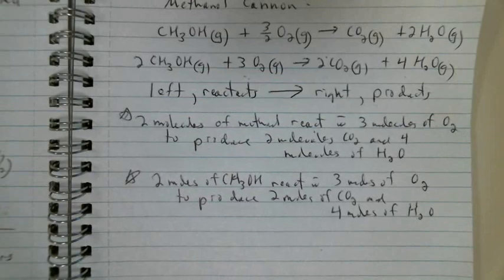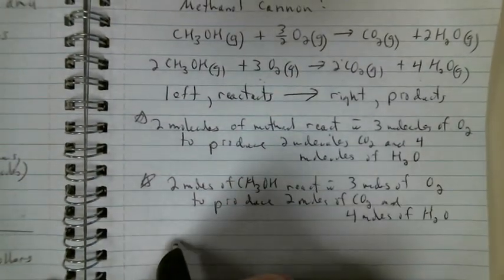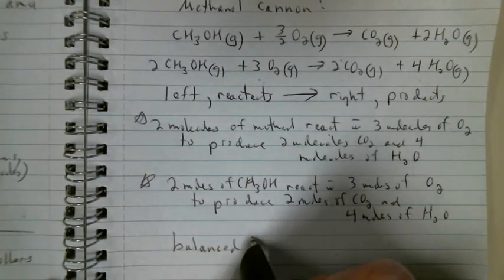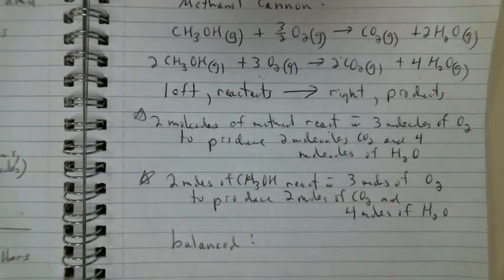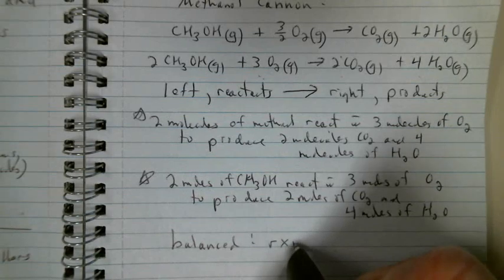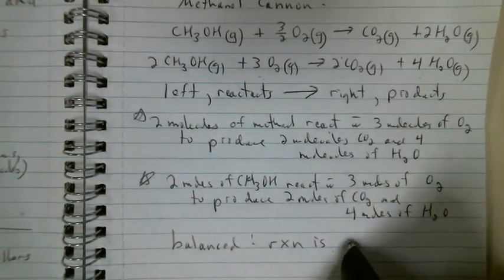And then the other thing with the reaction is that reactions have to be balanced. And we'll talk about how to balance them in another video. But what that means is that a reaction, that's my abbreviation for reaction, RXN, is an equation.